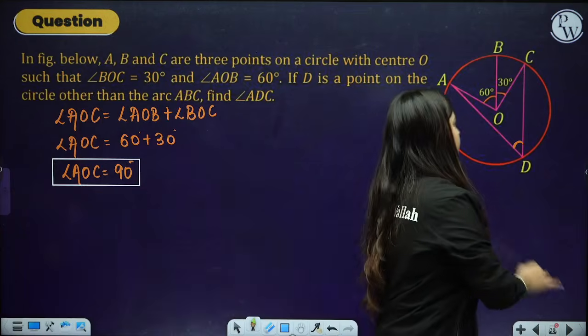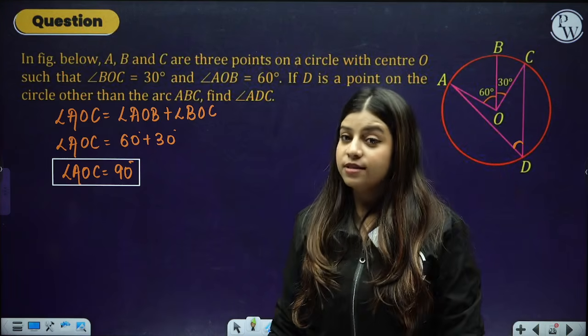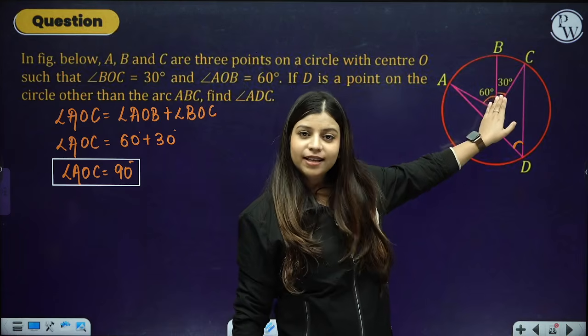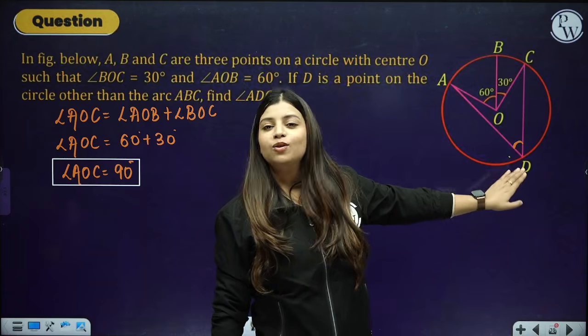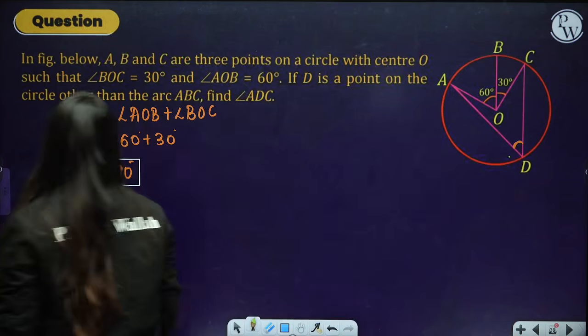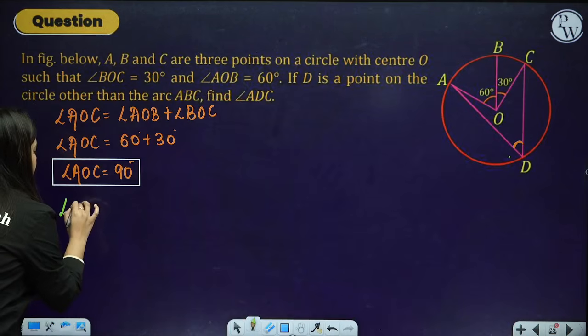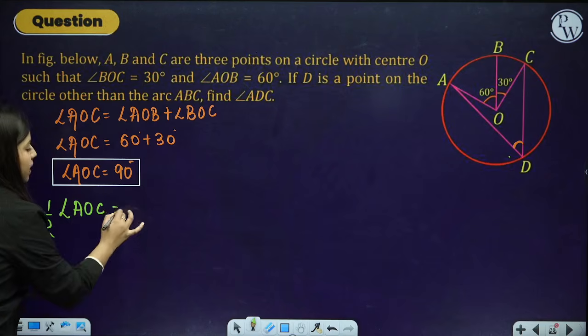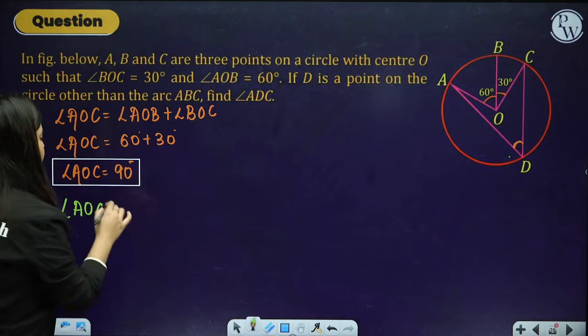Now the next thing that we have is, understand the concept. Arc, angle at the center, angle in the remaining part of the segment, that is half of it. So what we can say, that half of angle AOC is equivalent to angle ADC.